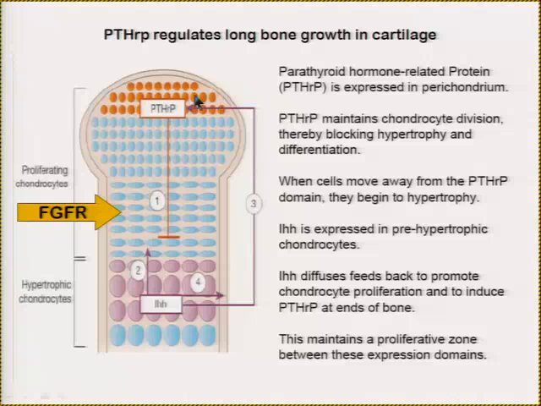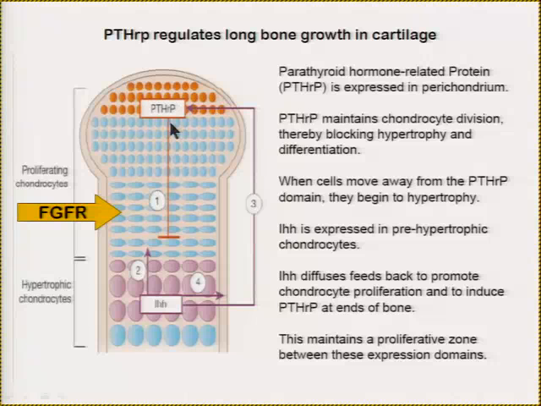So if we step back and look at this in a more cartoon form, what you have in this growing bone is that at the perichondrium of the bone, or the tip of the bone, these perichondrial cells secrete something that's called PTHrP. Now, all people who are doing medicine know that if you have cancer and you secrete PTHrP, you get hypercalcemia. And that's because PTHrP is very similar to PTH, and it binds to the PTH receptor.